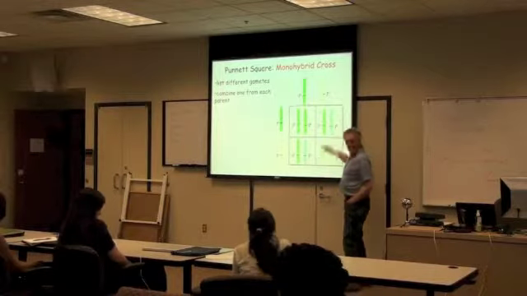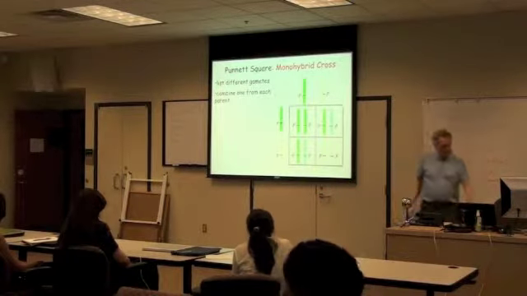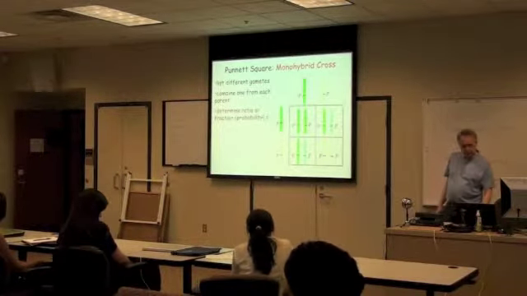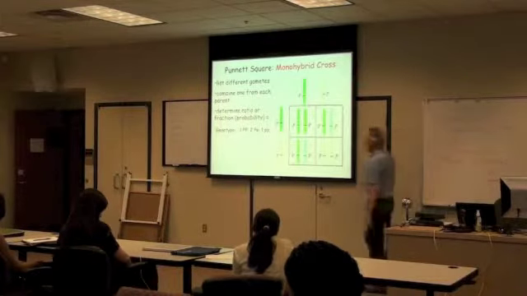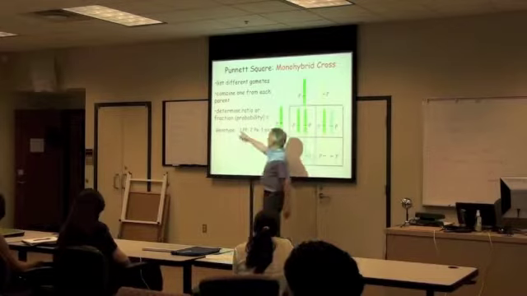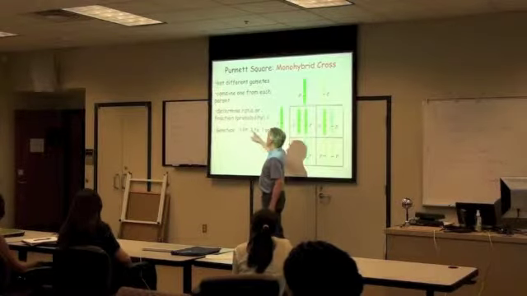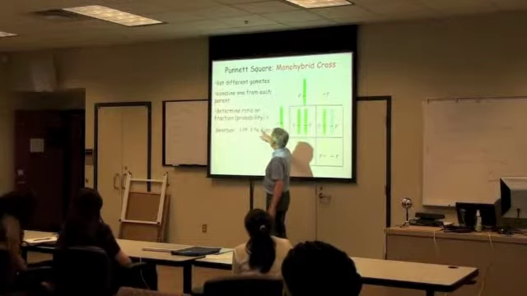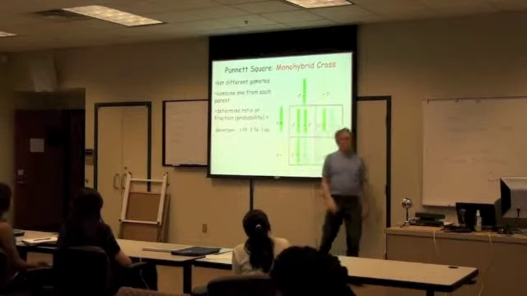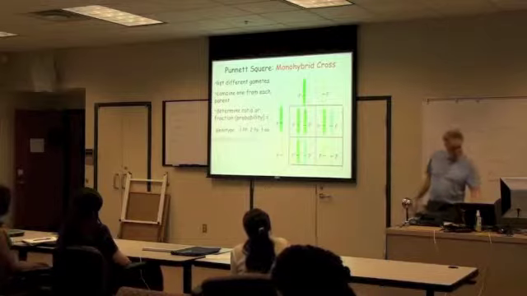So, if we look at this, then we determine the ratio of probability. The genotypic ratio is 1 big P big P to 2 big P little p's to 1 little p little p. That's the genotypic ratio.